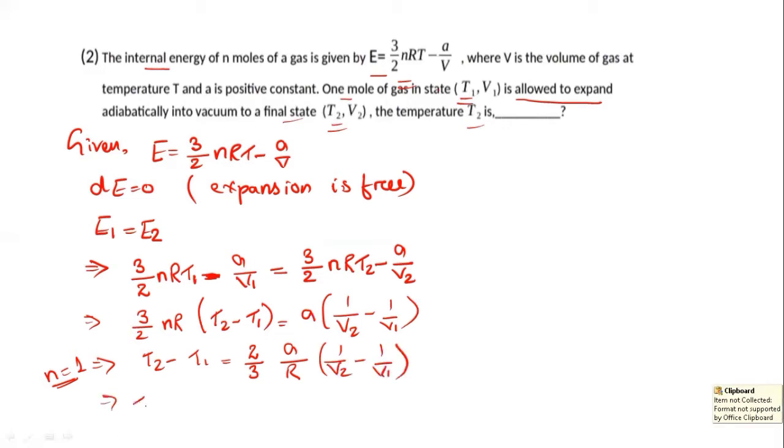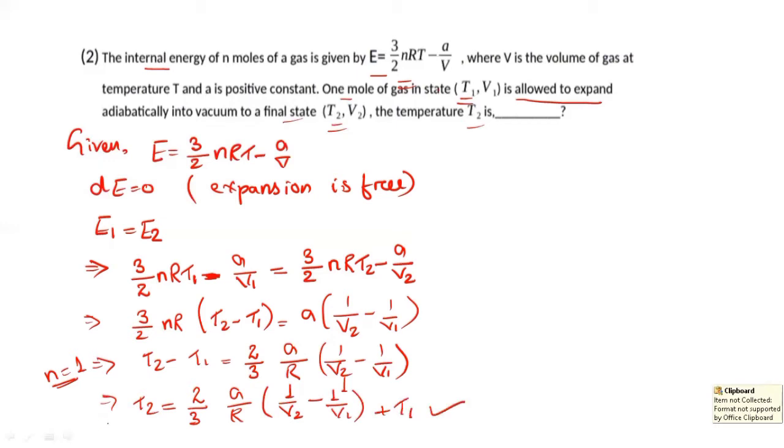Now T2 is finally equal to 2 by 3 A by R into 1 by V2 minus 1 by V1, plus T1. So this is the answer, the final value of T2. So it is very simple.